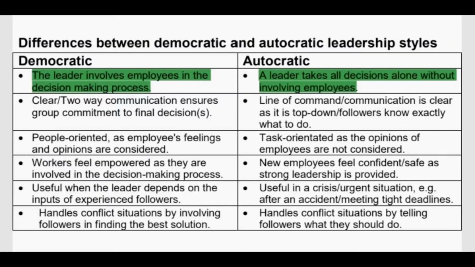Now, let me give you the second answer on the democratic leadership style. Cooperation is needed between a leader and a team. Cooperation is needed between the leader and the team.